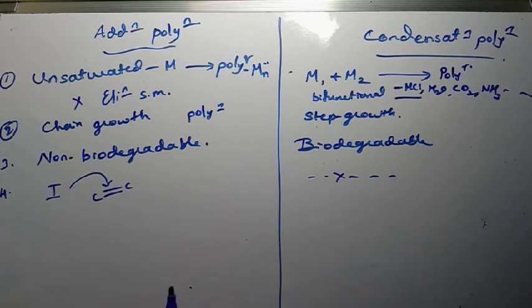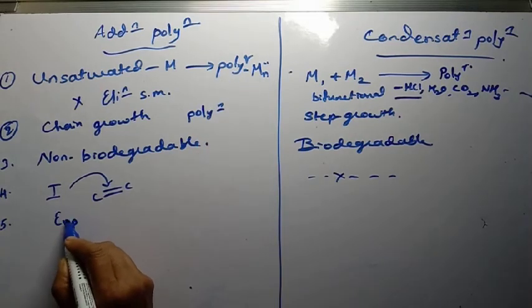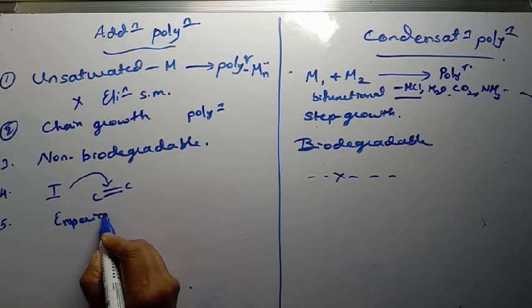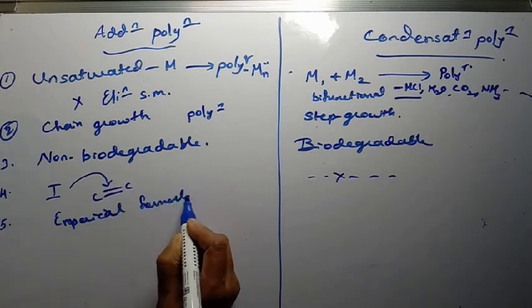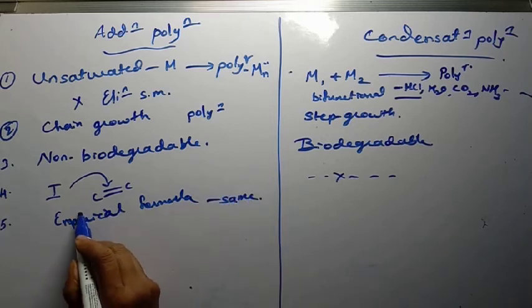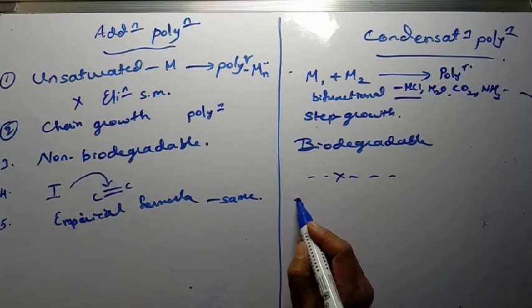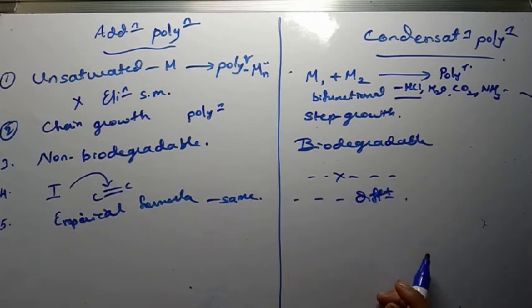In addition polymerization, the monomers are continuously added, therefore the empirical formula remains the same throughout. But here the empirical formula is different.